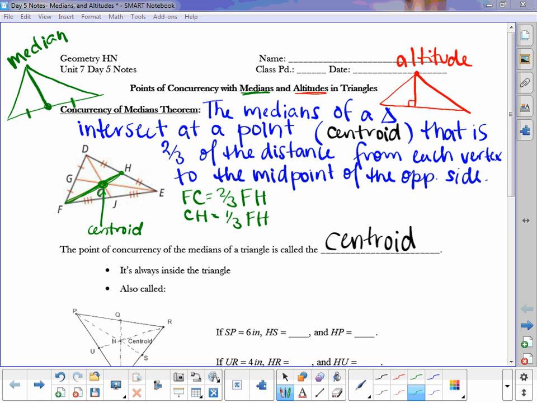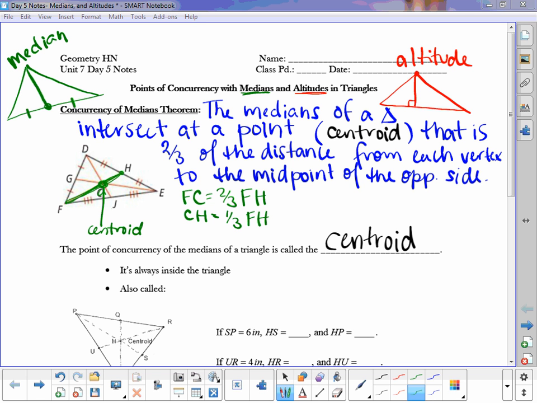FC, from the centroid to the vertex, is 2/3 of the whole median. This is true for each of my medians. I could set that up for DC, and for EC as well.